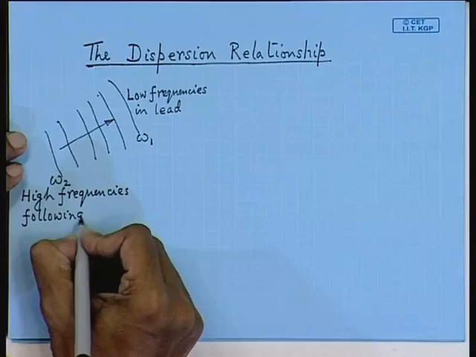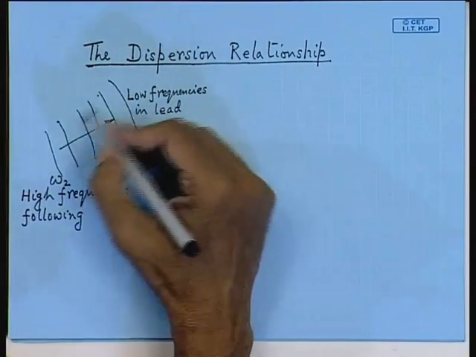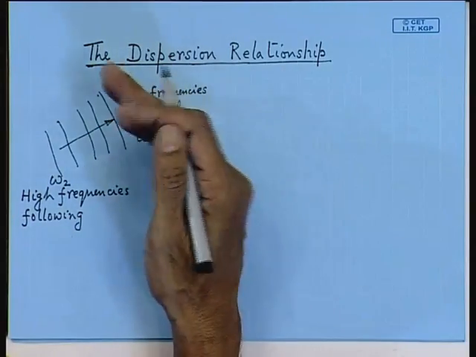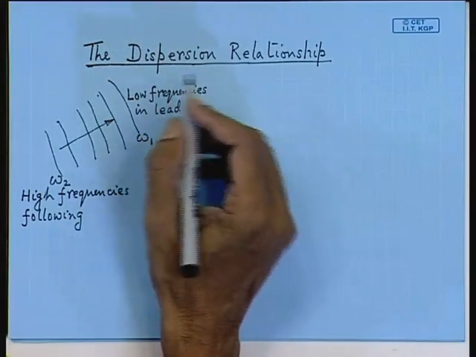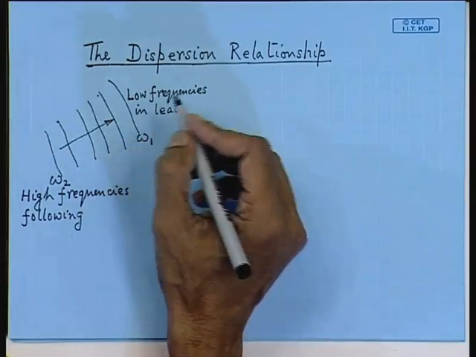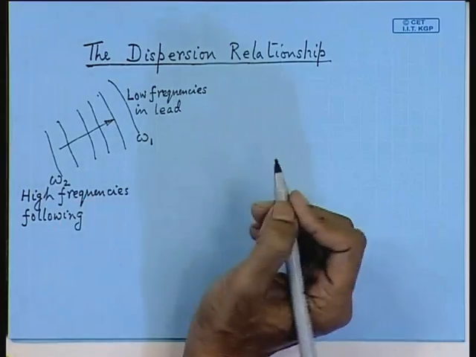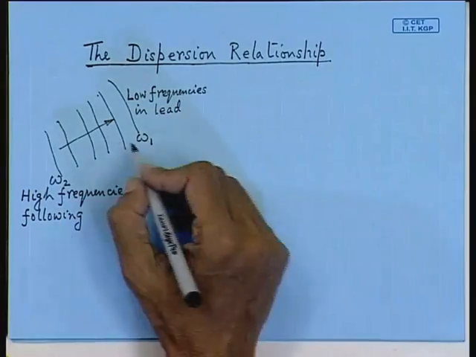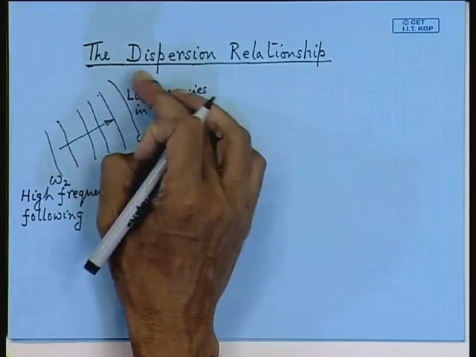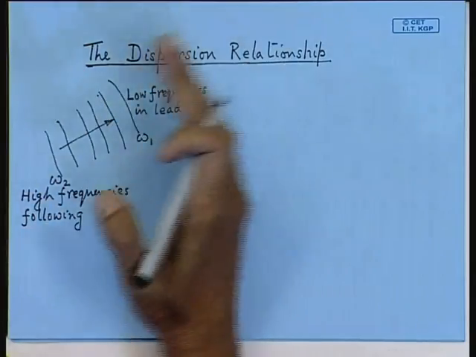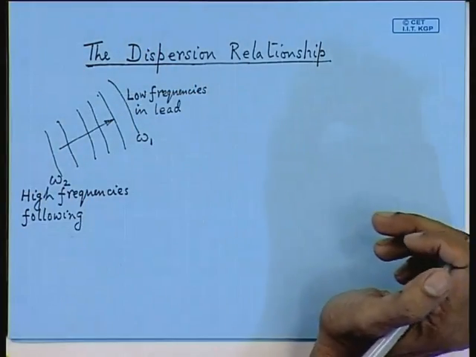So in a particular wave field in the sea, you will have different frequencies. There are low frequencies leading the pack, followed by the higher frequencies. So this is called dispersion, that is, the waves have been scattered or dispersed according to their frequencies.